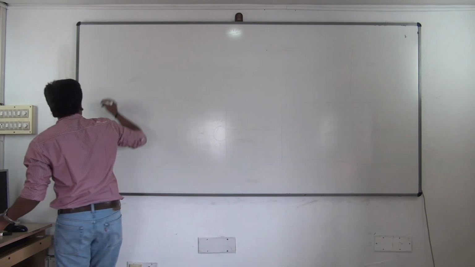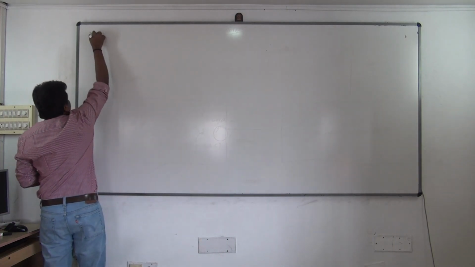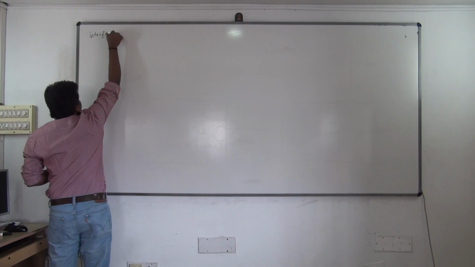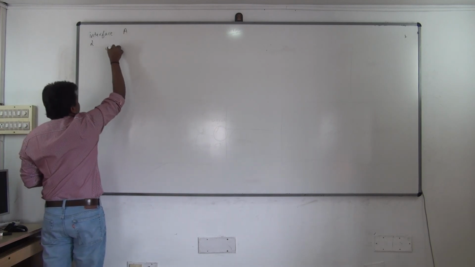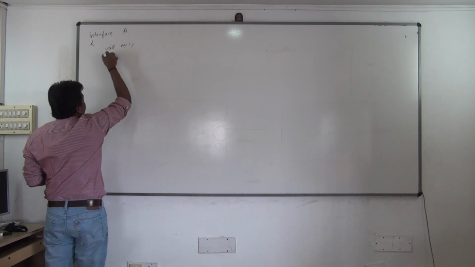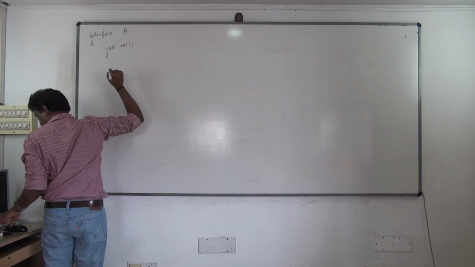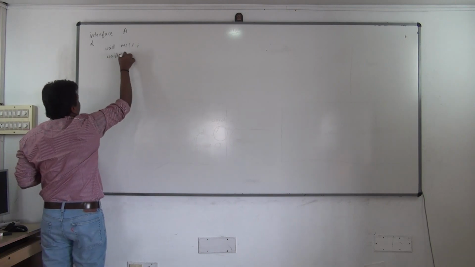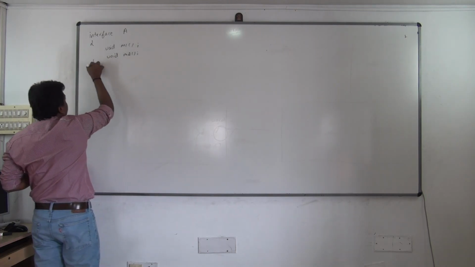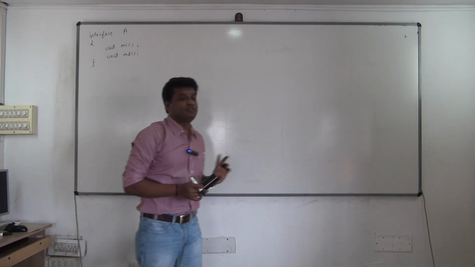Okay, let's see an example now for an interface. I'll take a very simple example. Interface A is there. It will have one method called void m1. First I'll only deal with methods, then I'll go with variables. Following now? First I'll show you only having abstract methods.